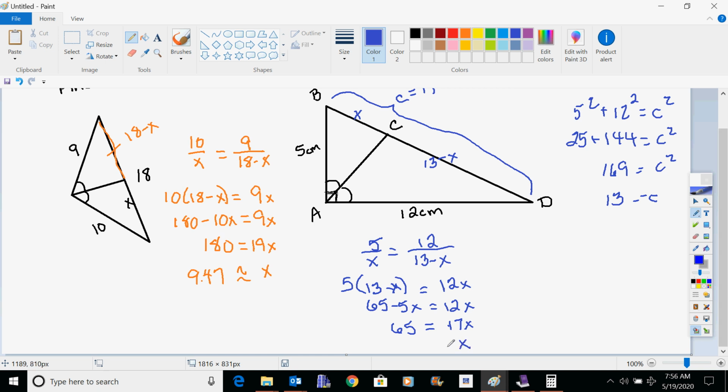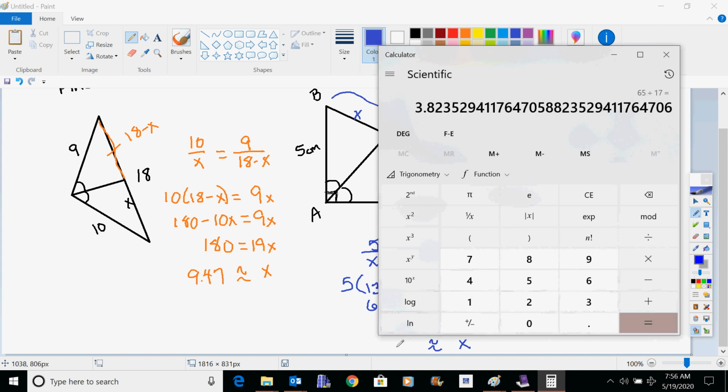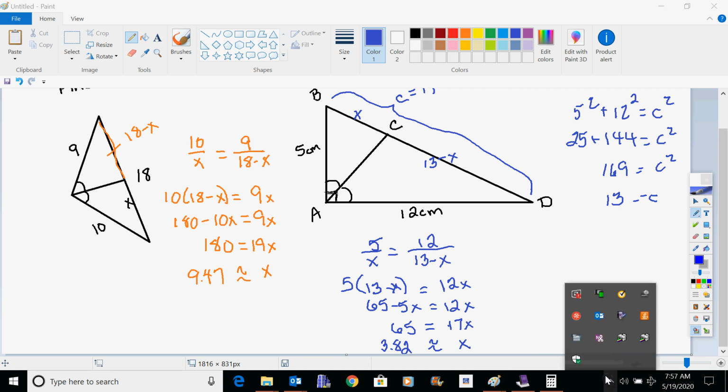So x is about equal to 65 divided by 17. About 3.82. Okay, good. So moving right along.